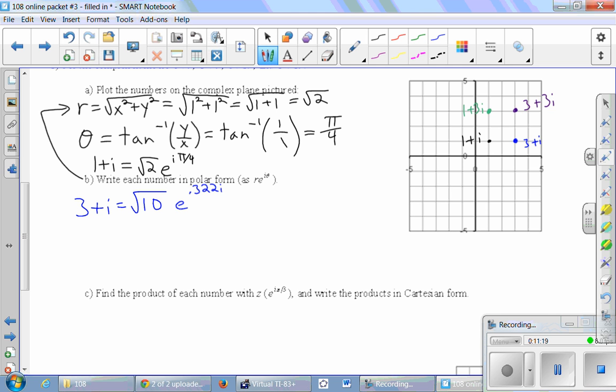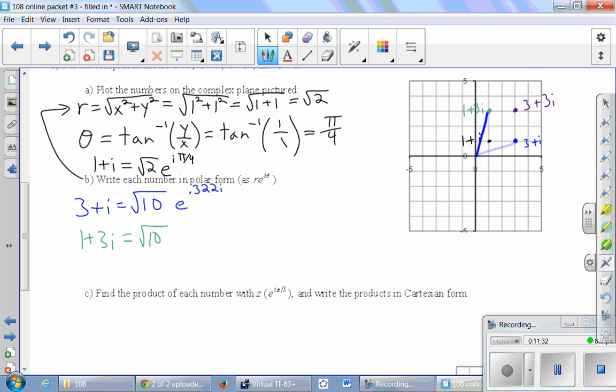Okay, next one in green, 1 plus 3i. So again, if you find the r, you'll get root 10, which makes sense actually, right? Because the distance from the pole to the blue point is the same as from the pole to the green point. So root 10 e, and then here we'll get the kind of complementary angle. So that's 1.249.